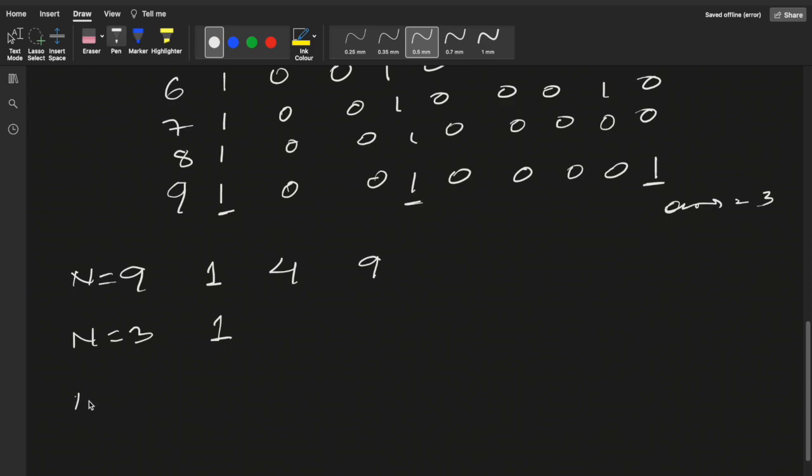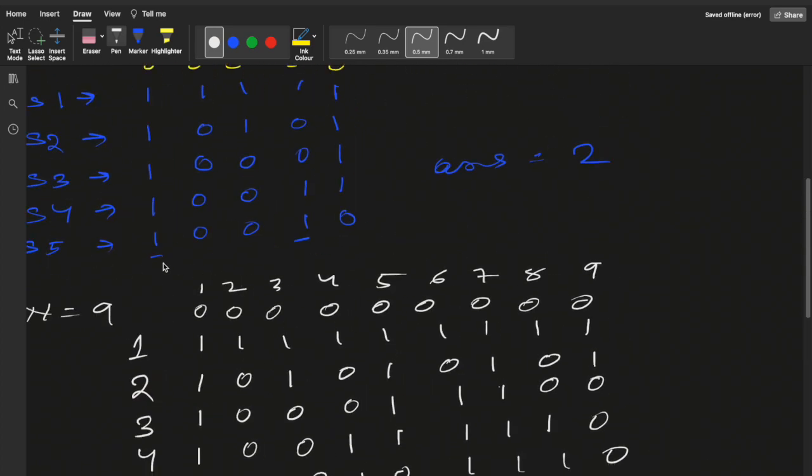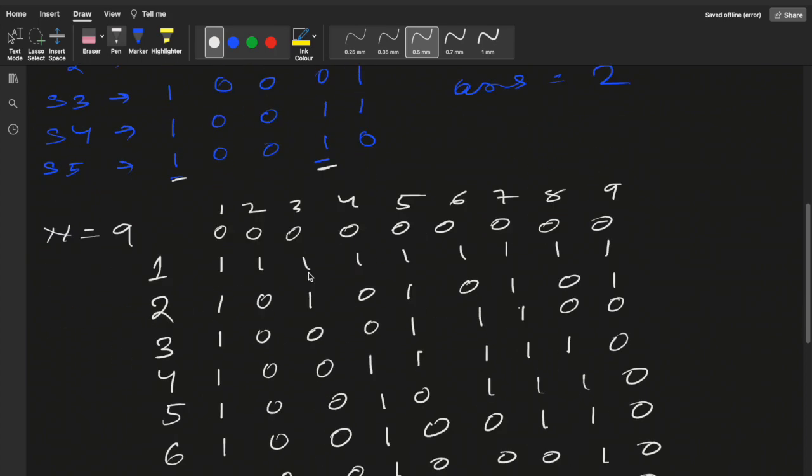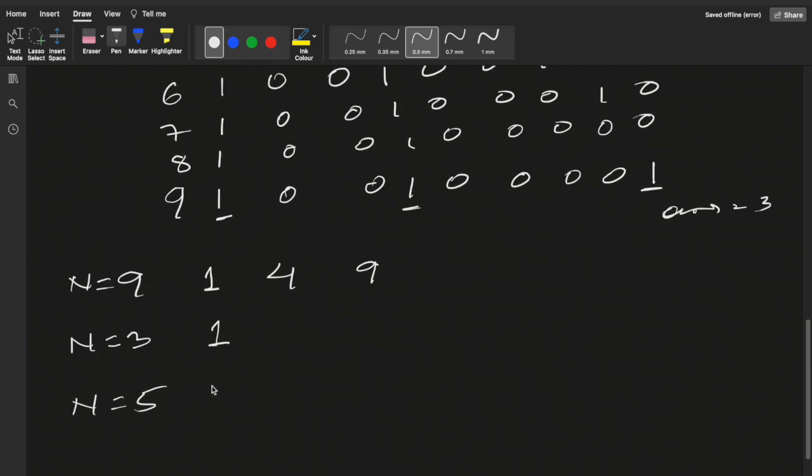Okay, for n is equal to 5, at what position is it on? It is on at the first position, then the fourth position. If you observe one thing here, we can write it like this, right? 1 to the power 2, 2 to the power 2, 3 to the power 2.